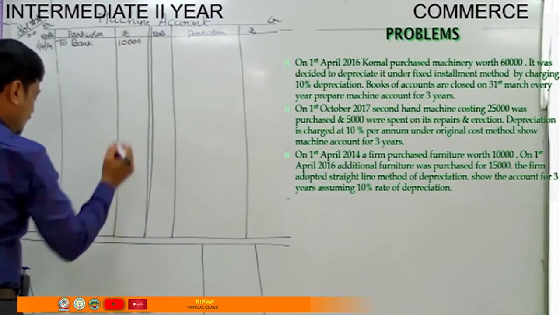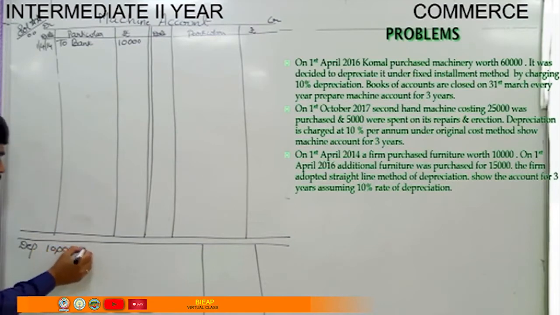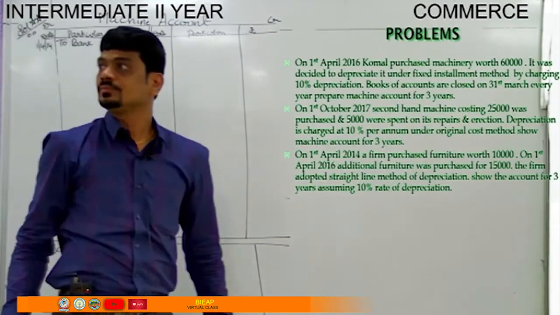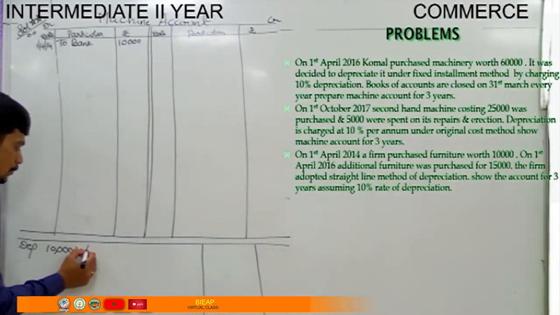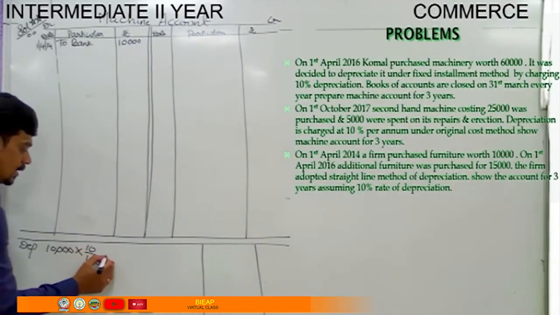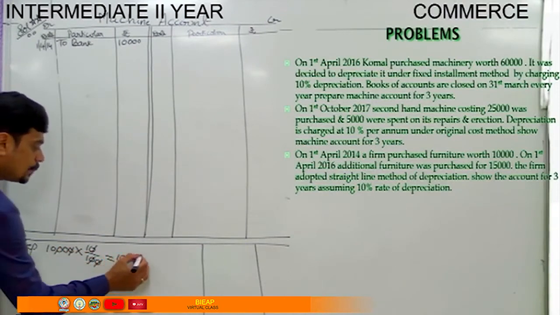So to bank 10,000. So I'm coming and writing here depreciation: 10,000 into how much percent I gave here? What is the rate of percent? 10% again. So 10 by 100. If we cancel, we get 1000 per annum.